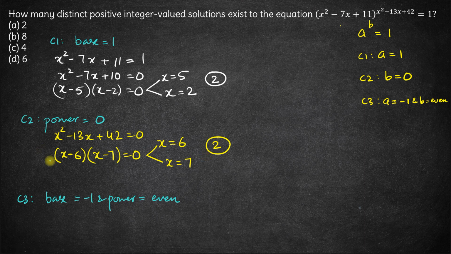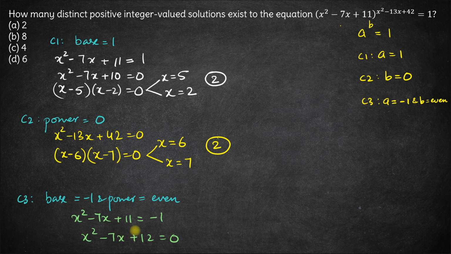And finally we have this condition: base is minus 1 and the power is an even number. The base x square minus 7x plus 11 should be minus 1. Bringing minus 1 here, we get x square minus 7x plus 12 is 0. Now can you think of two numbers whose sum is minus 7 and the product is 12?